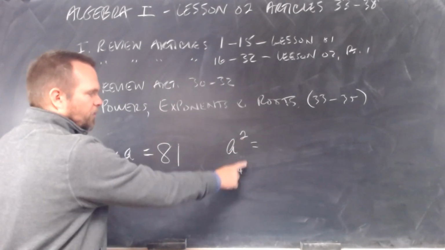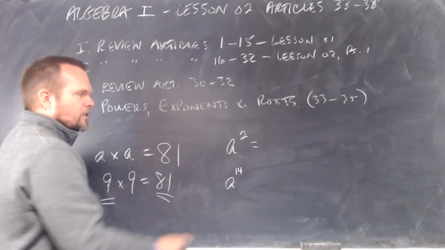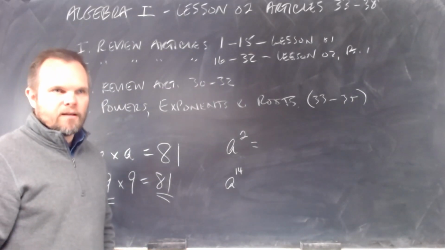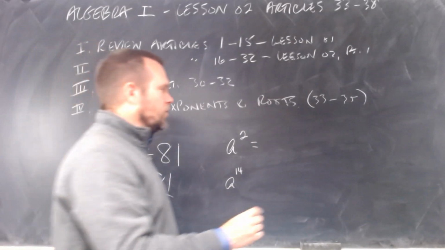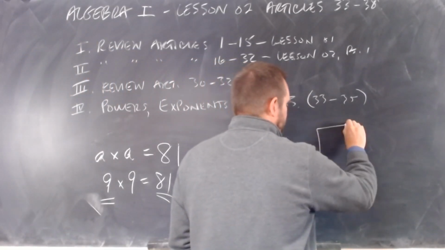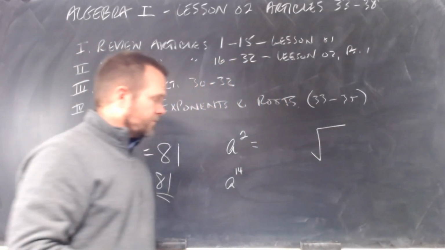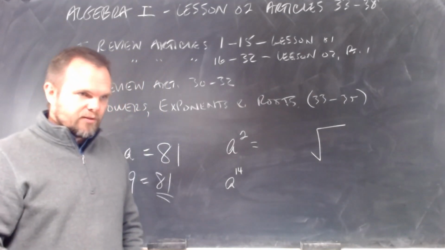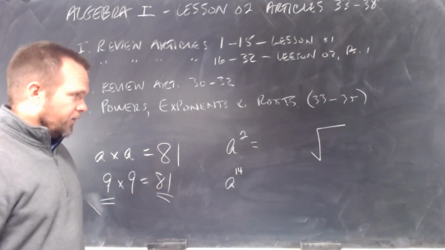We use exponents to express powers. To express a root, we use this symbol. It's called a radical sign. The word radical just means root. Radix in Latin means root. This is called the radical sign.